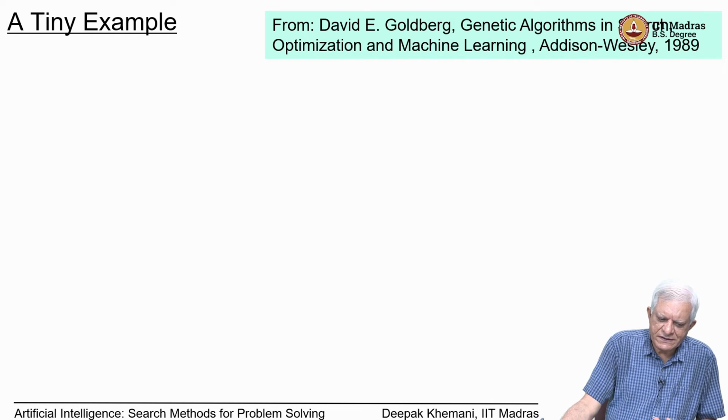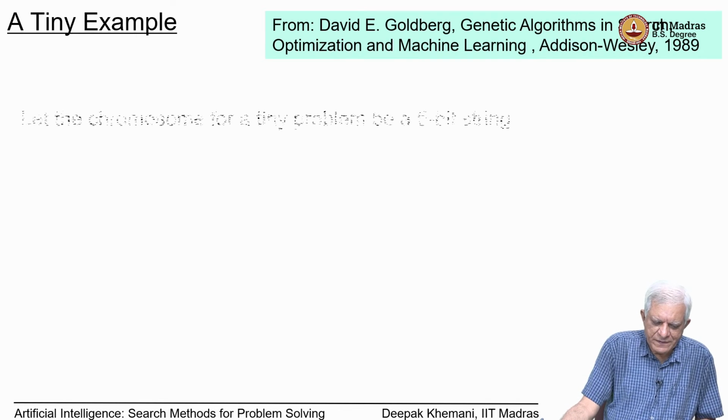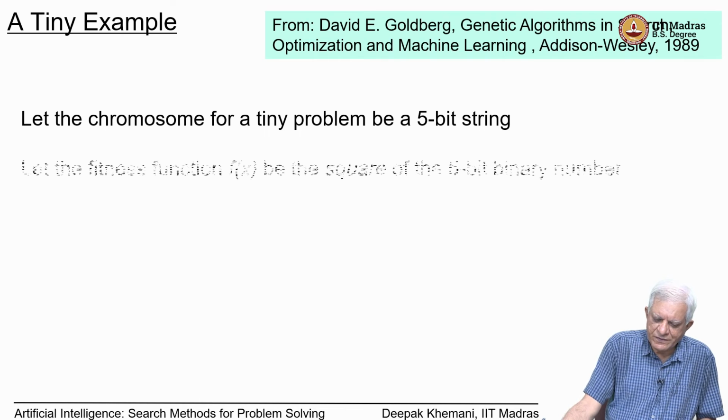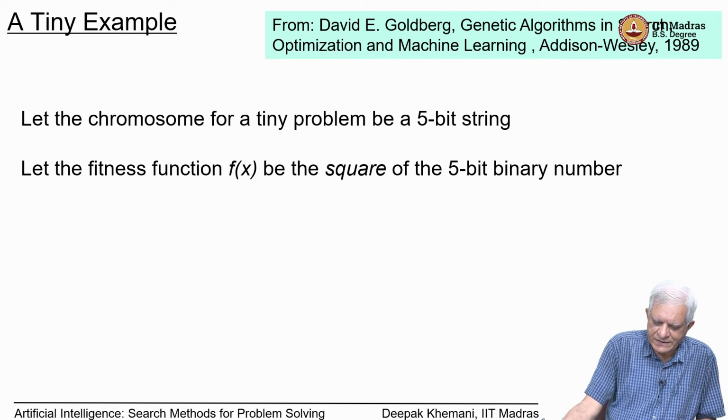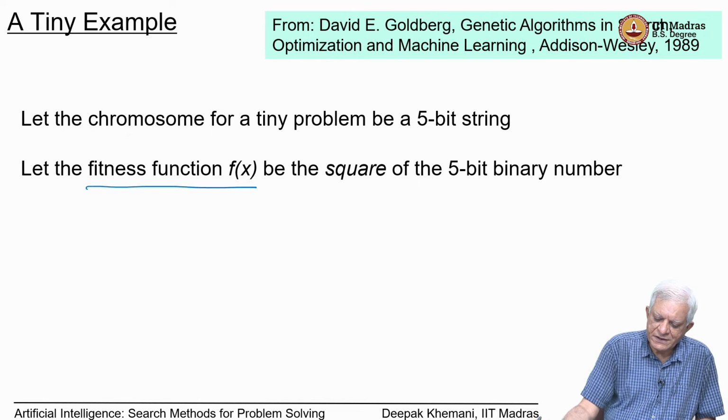Let us look at a very tiny example before we look at some more detailed example. This example is also from Goldberg's book. Let the chromosome for a tiny problem be a 5-bit string, and let the fitness function f(x), so we always define a fitness function, be the square of the 5-bit binary number.